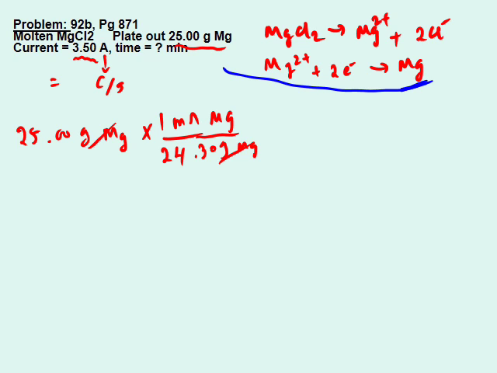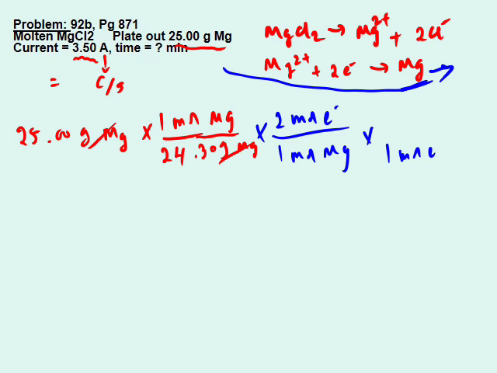Look at the second reaction that I've drawn: 1 mole of Mg to plate out needs 2 moles of electrons. And we know that 1 mole of electron carries 96,500 coulomb.